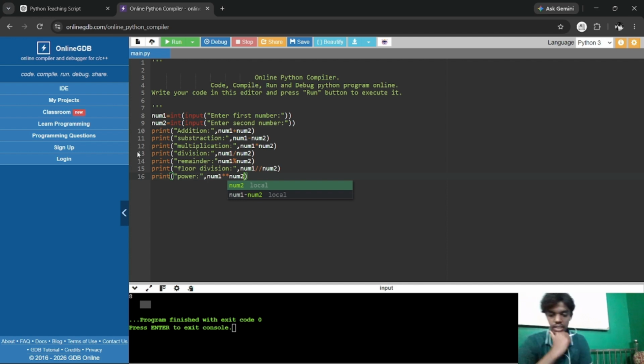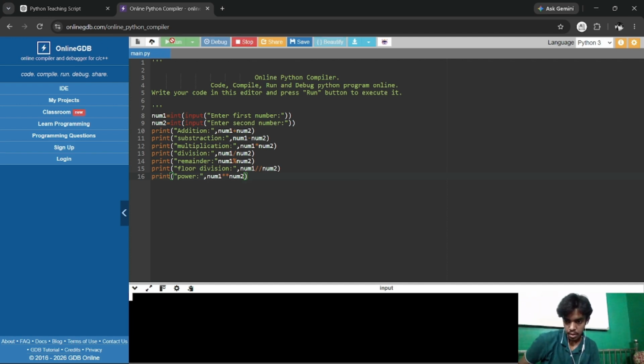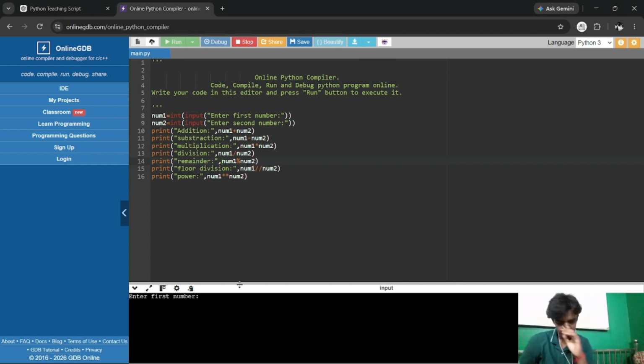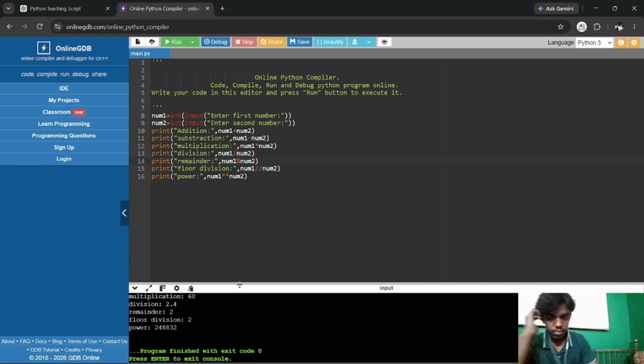So let's run it. There's some error here. Oh, I've forgotten the comma here. Don't panic when you see an error. So let's take two numbers, just 12 and 5, and then we get every output.